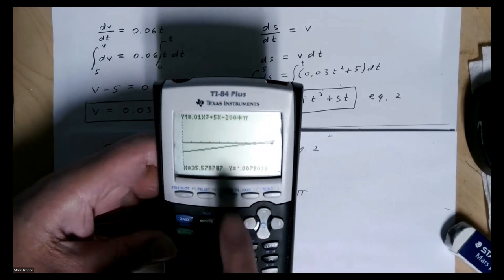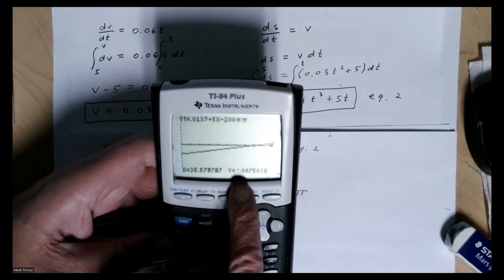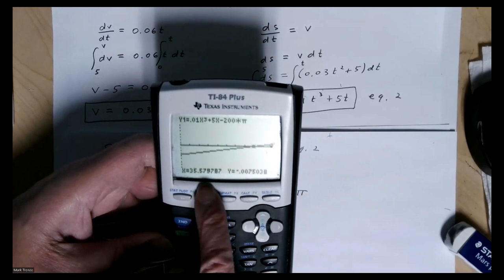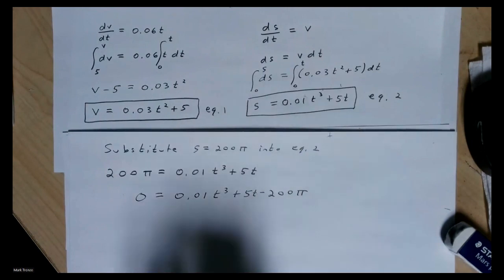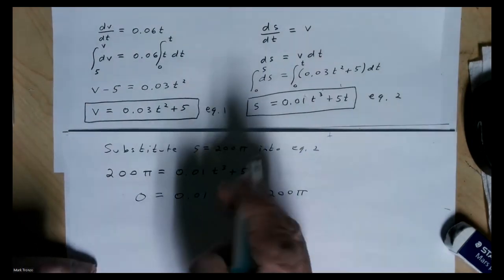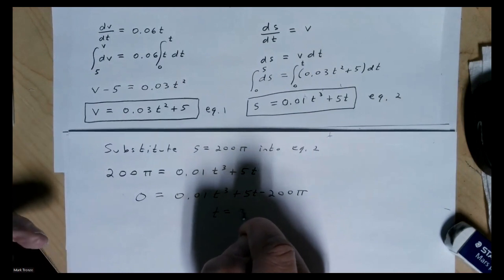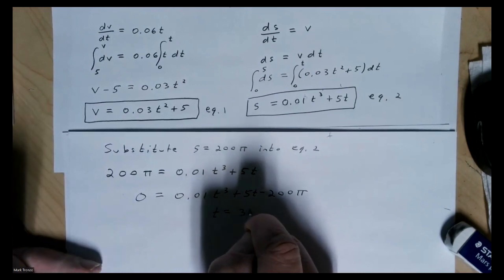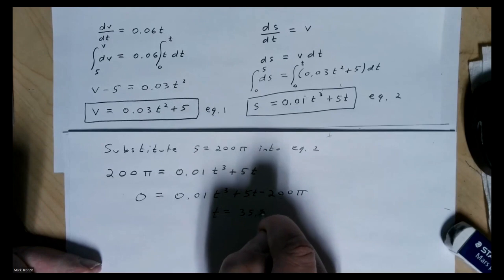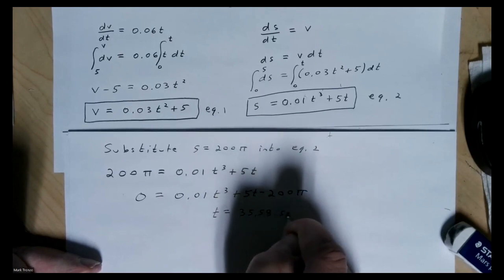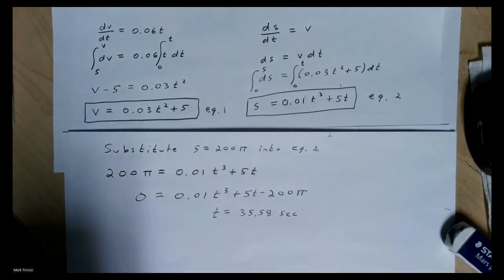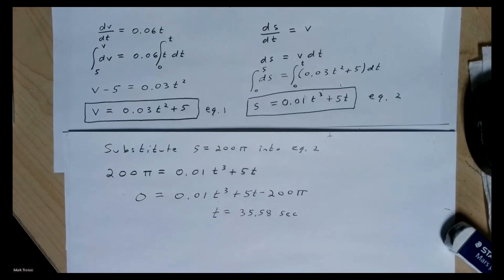Yeah, it looks like we're getting really close. We're getting 0 at about 35.58. And now remember, we are solving for t, so 35.58 seconds is going to be the solution to this.